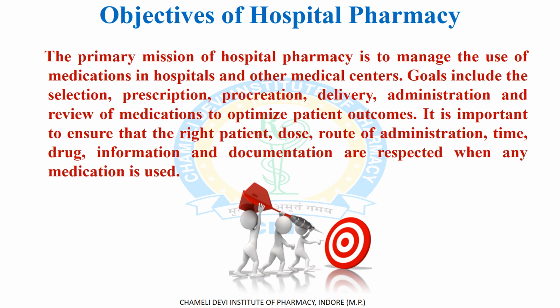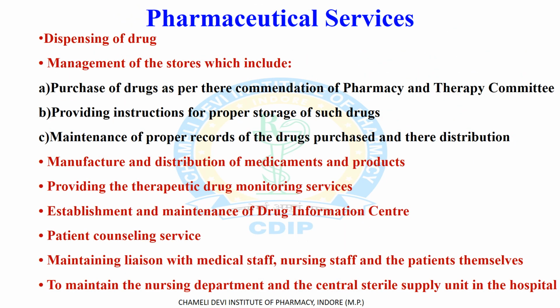They also ensure that the right patient, dose, route of administration, time, and drug, and information about medication and documentation are respected when any medication is used. So this is the objective of the hospital pharmacy.